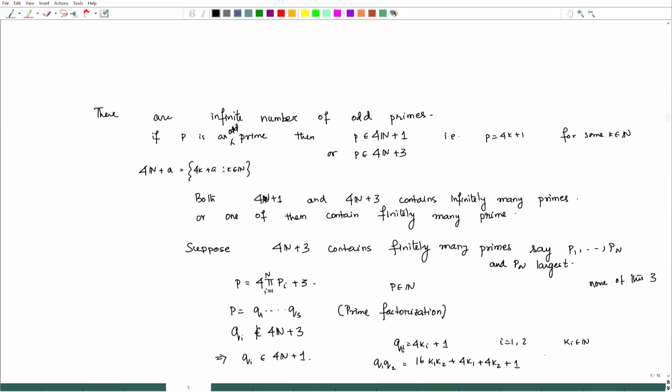So, this is going to be again of the form 4l plus 1. You keep on multiplying, you will land up in 4k plus 1, but here your P belongs to 4n plus 3. Therefore, this will imply that P cannot have a prime factorization.